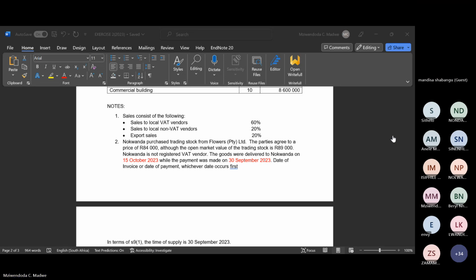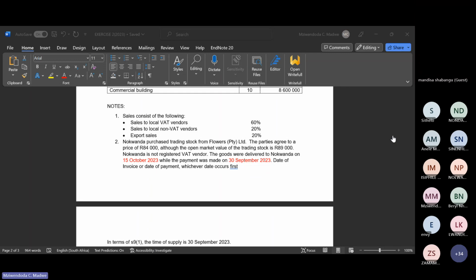So going forward, if you read, there is a provision which says all the time, if section 9, subsection 1 precedes the dates which are stipulated in section 9, subsection 2, you apply section 9, subsection 1.